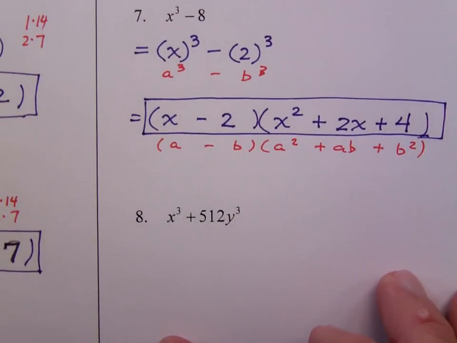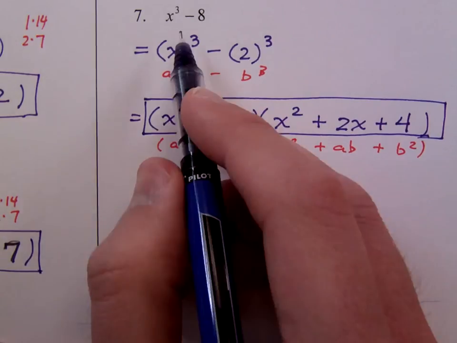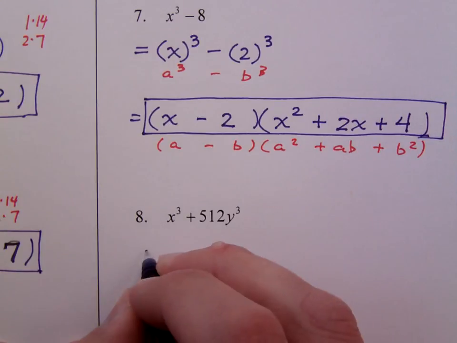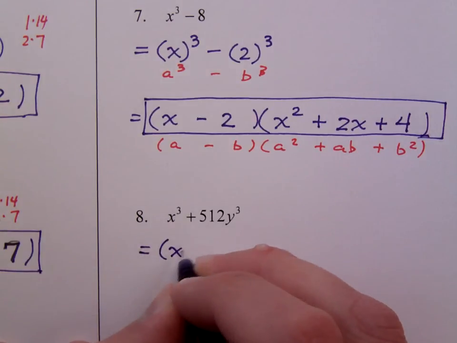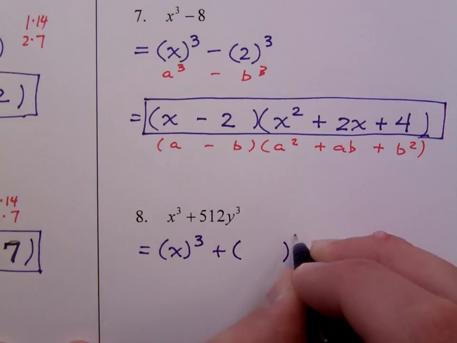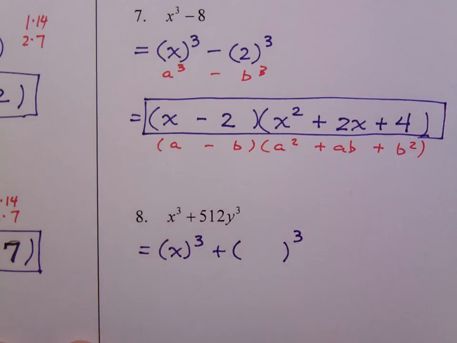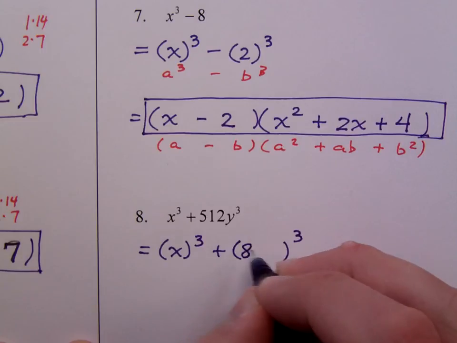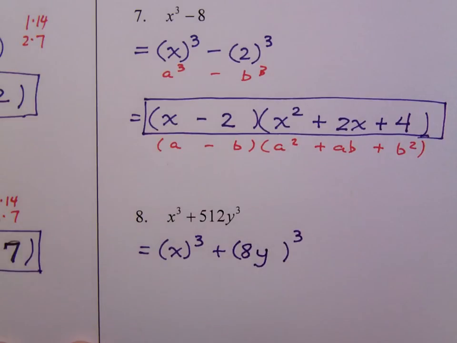So look at number 8. 8 is very similar to number 7. These guys are both cubes, whether you believe it or not, except instead of having a minus, this has a plus. So this guy is x to the third plus, if you know your powers, you know that 512 is 8 to the third. So this is 8y to the third.